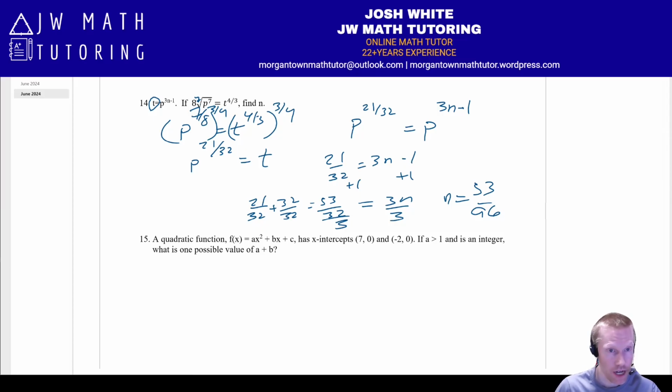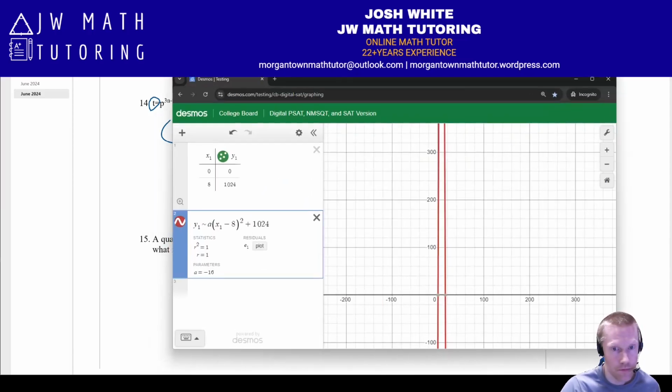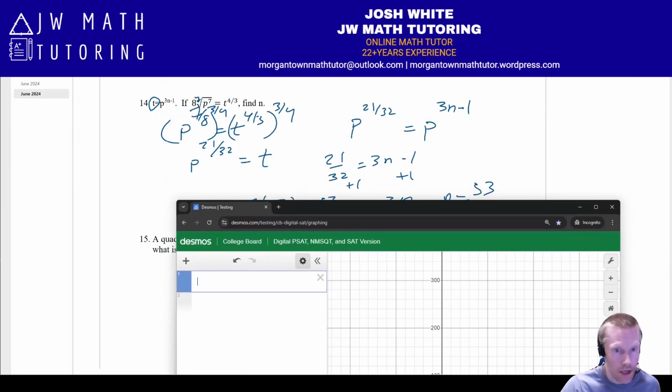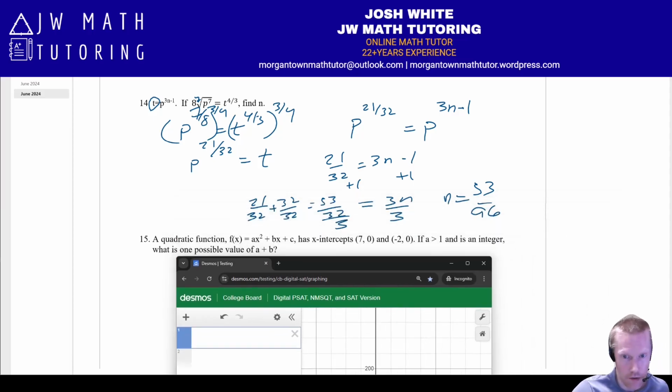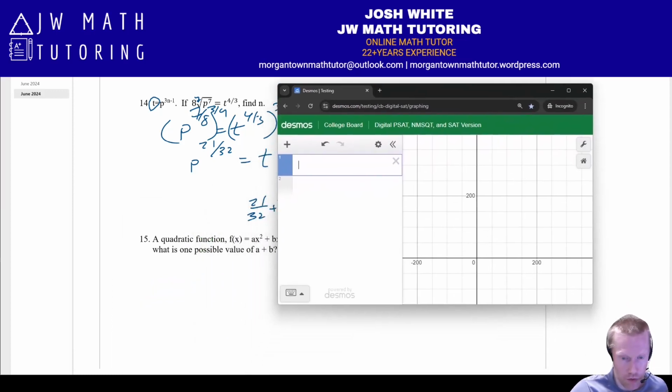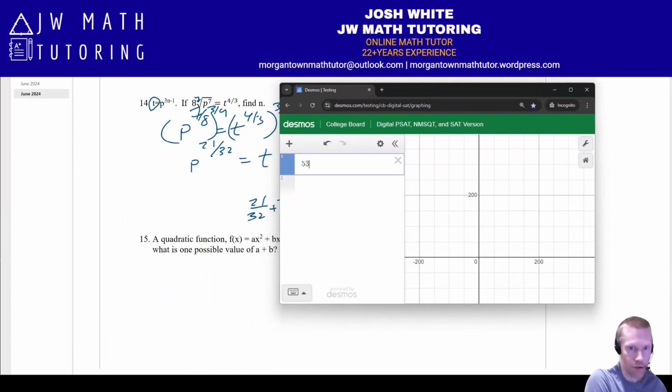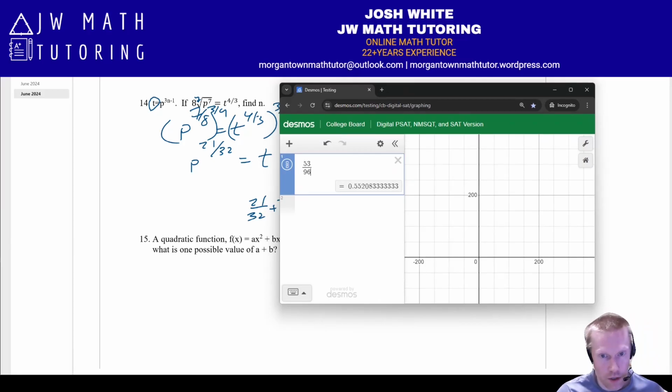Now, the way you could check that is we could go to Desmos, and we could do the following. If we plug in this 53 over 96, oh, by the way, just so you know too, you could also grid the answer in as 0.5521 or just 0.552.